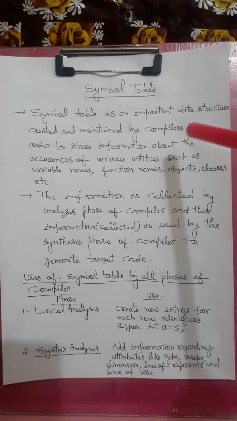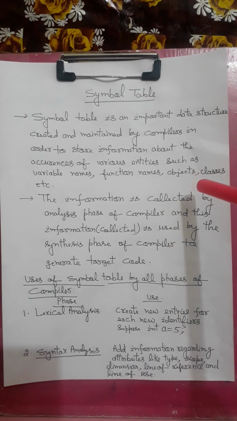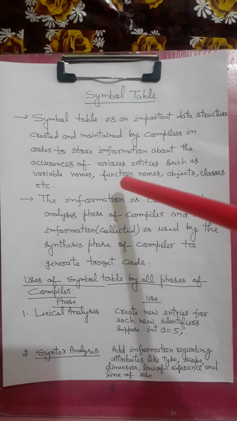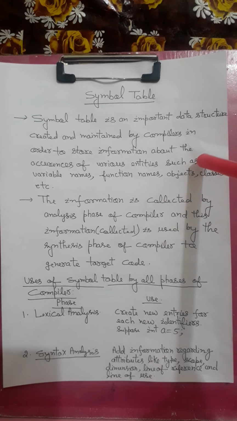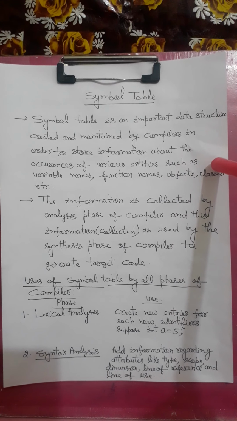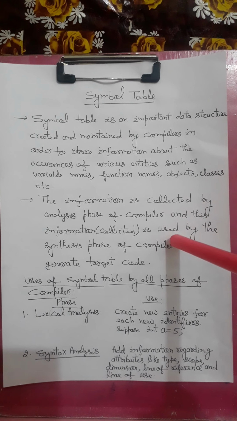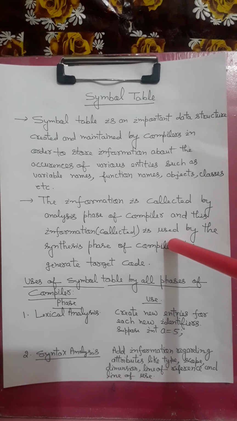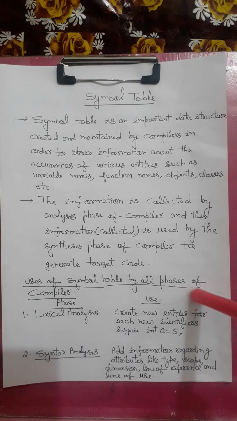So in the analysis phase, the information is stored into the symbol table, like the names, function names, objects, classes, etc. All this information is stored into the symbol table, and later on in the synthesis phase, this information is utilized or used. For example, to generate the intermediate code, optimization, and target machine code generation. This is the use of the symbol table by all phases of the compiler.